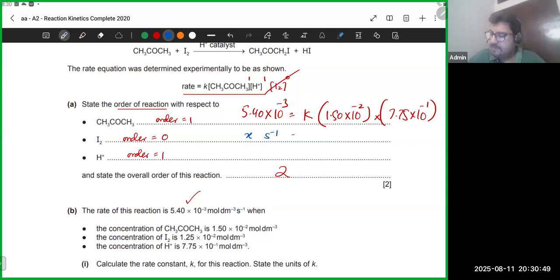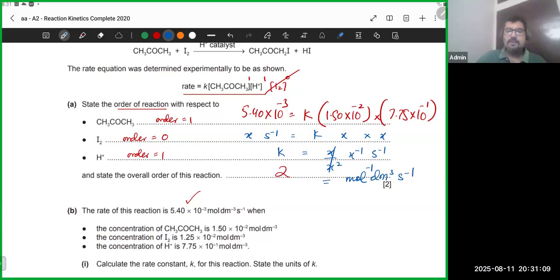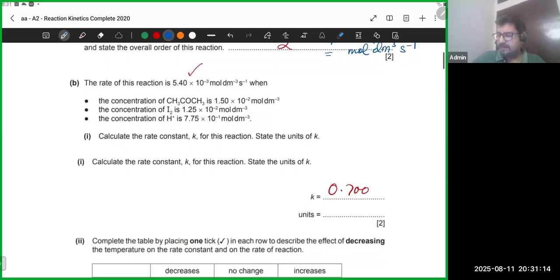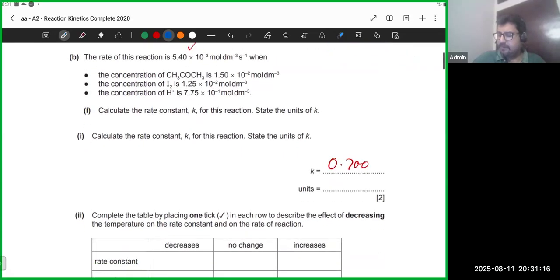The rate is K times mole per dm cube times mole per dm cube, so K would be x over x squared. That's going to be x to the minus 1, and that gives me mole minus 1 dm3 s minus 1. That's going to be my units. So this was an easy one because he had given us all the values.